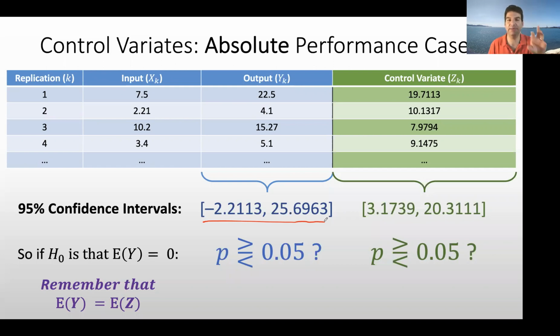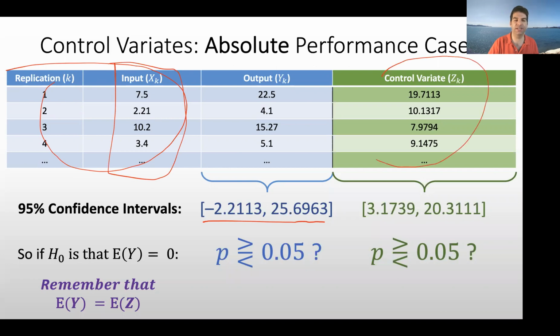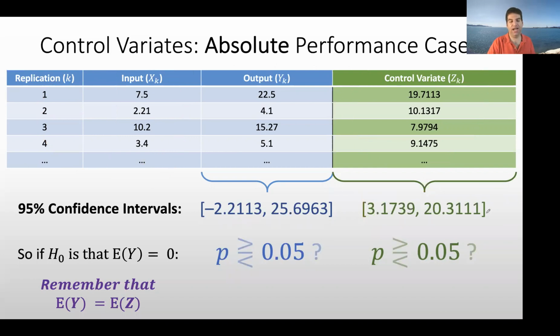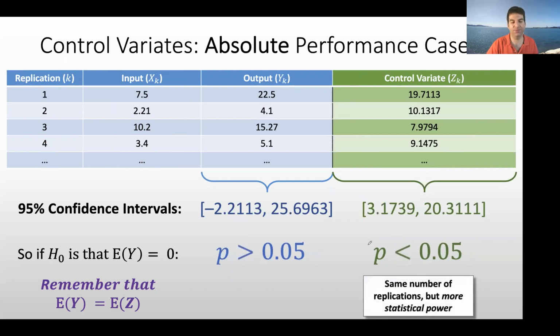But I take the exact same data and, by controlling for the variance in my input and generating these new control variates, taking its confidence interval here, I see clearly it is separated from 0. And so I know that in this one, the p-value is less than 0.05. And so this one is significantly different from 0.